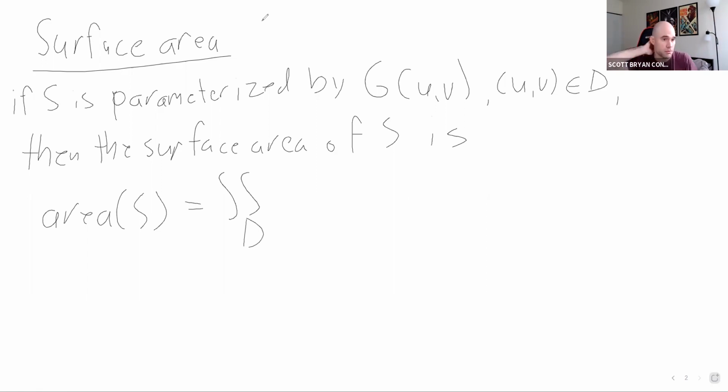It's just a regular old double integral. So we're going to be integrating with respect to area here. We'll bring in integration with respect to surface area later, but for now, this is just a normal double integral in the plane. So we're integrating the magnitude of g_u cross g_v, that normal vector, with respect to area.